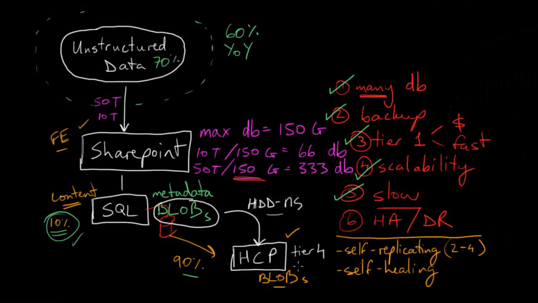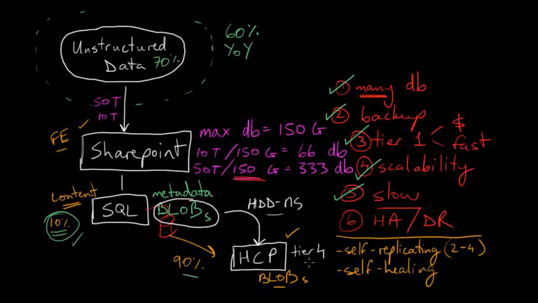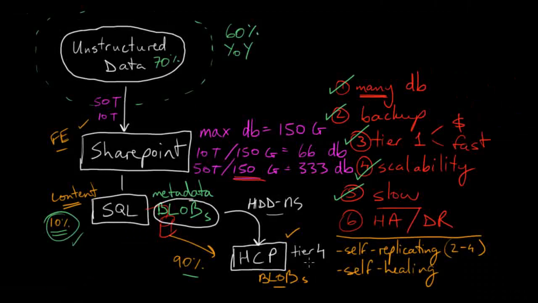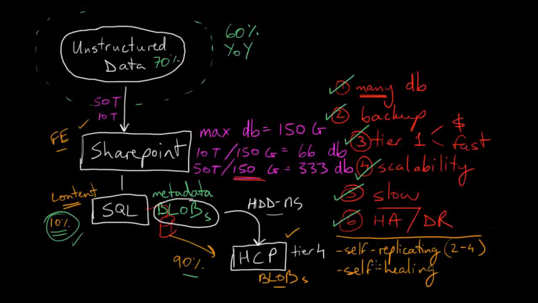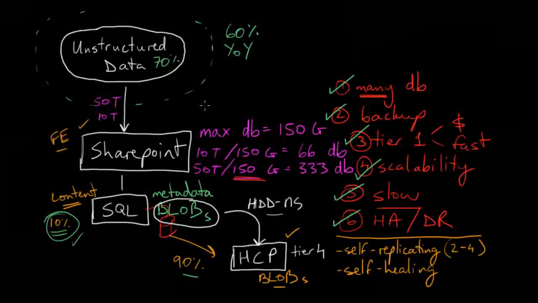So all of our blob content is protected within one site, and we can also have disaster recovery simply by deploying an HCP system to a separate location. And now it self-replicates and self-heals with that system as well, as number 3. So that's fixed too, right? All of the pain points that we have had have now been addressed.